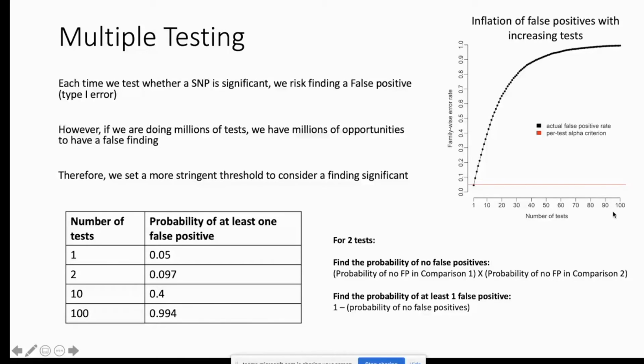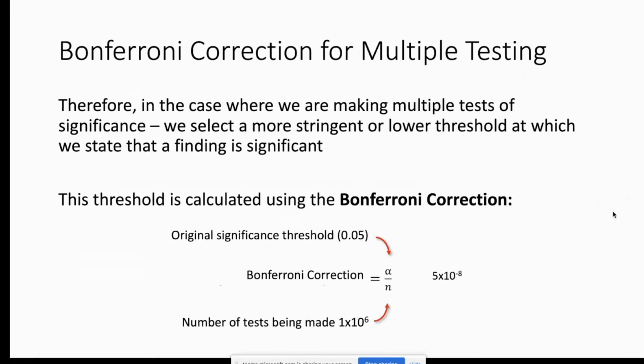Because we're doing multiple tests for significance for all these different SNPs, we have to adjust what threshold we use. We reduce the threshold to make it more stringent and more difficult for a SNP to be considered significant, and this is known as the Bonferroni correction for multiple testing.